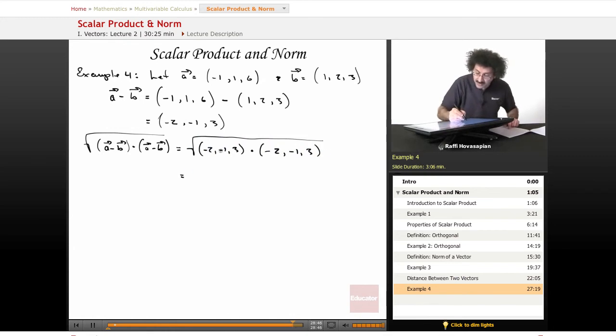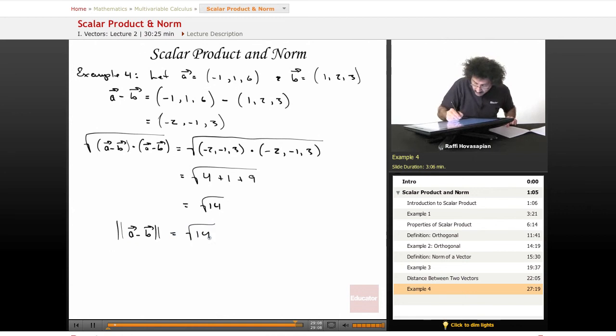That's equal to -2 times -2 is 4, -1 times -1 is 1, 3 times 3 is 9, square root, 4 plus 1 plus 9 is 14. So we end up with radical 14. Therefore, the norm of A minus B is equal to radical 14. In other words, the distance between the vector A and the vector B is radical 14.